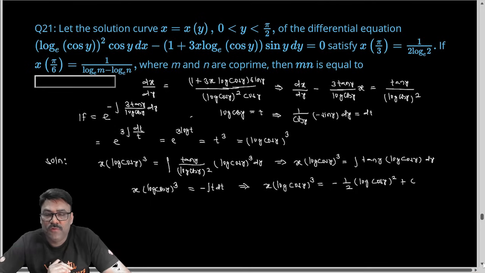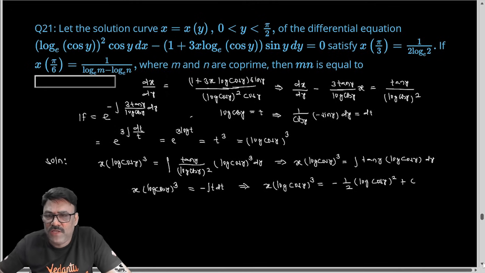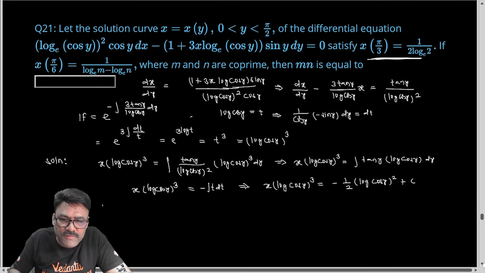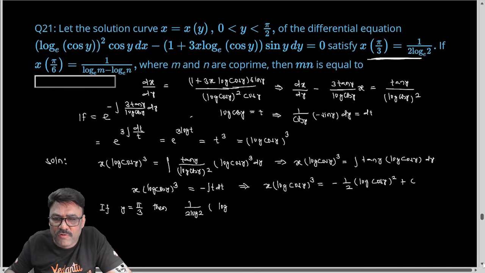x (log cos y) whole cube is minus half (log cos y) whole square, where t is replaced with log cos y. Now they have given that x(pi/3) is 1/2 log 2. So if I put y equal to pi/3 here, then x is 1/2 log 2, then log cos pi/3. Cos pi/3 is half.